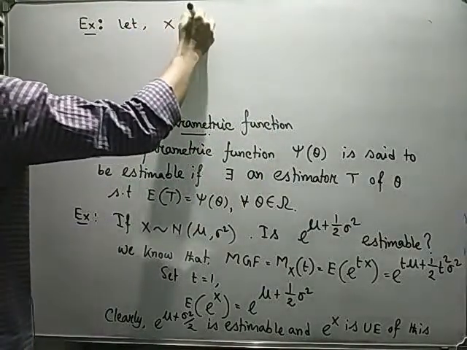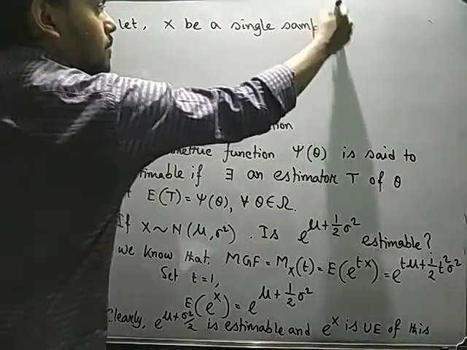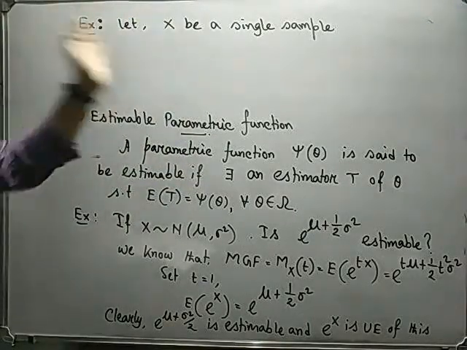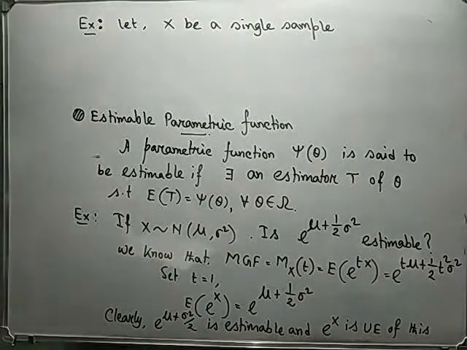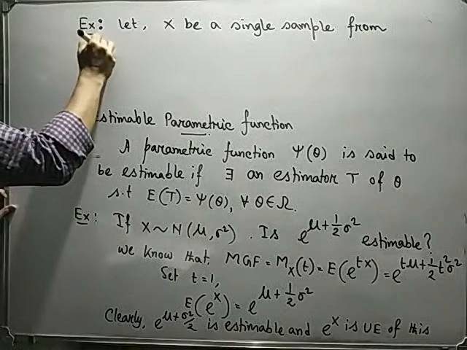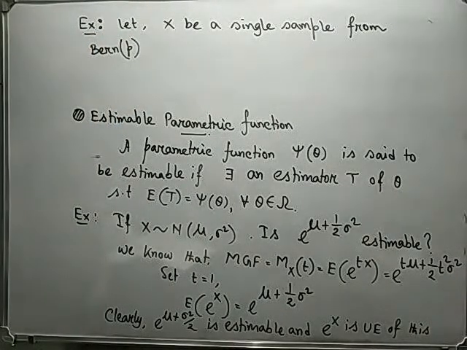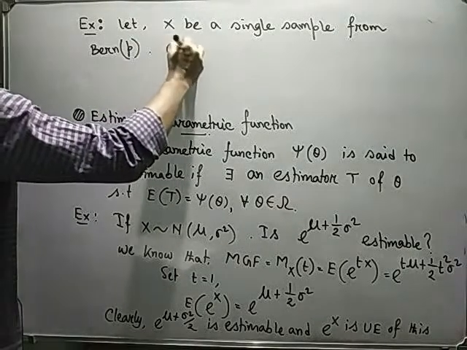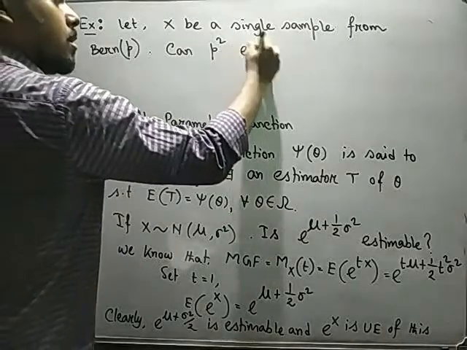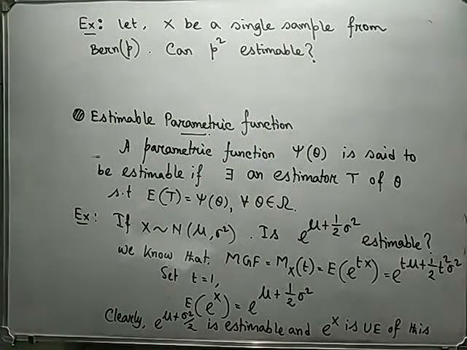Let capital X be a single sample. To understand the concept easily, let capital X be a single sample, not n samples or anything, from Bernoulli P. Now the question is, is P square estimable?